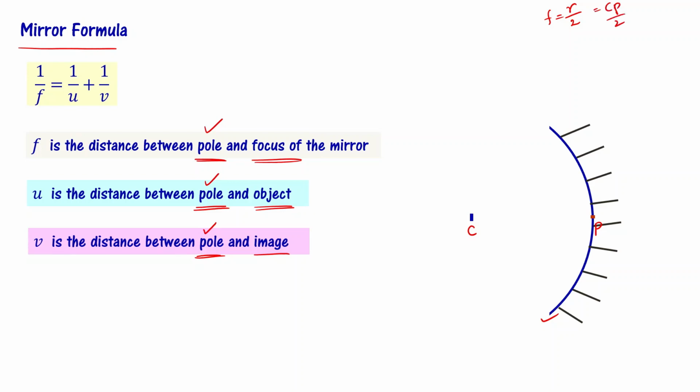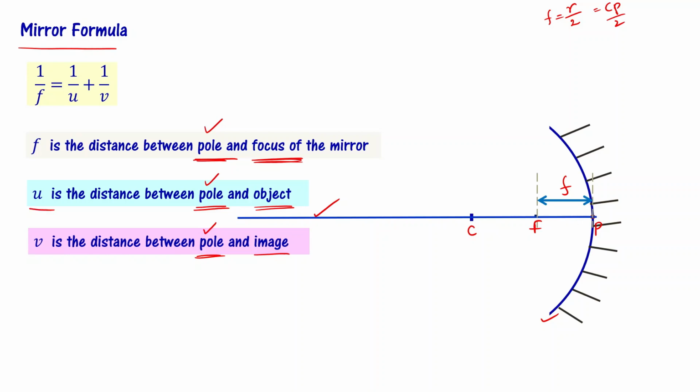CP is the radius, CP by 2 is the focal length, or that is where the focus of the mirror is, and that is denoted using capital F. Now if you connect all these points with a straight line, that straight line is called the principal axis of the concave mirror. Now f is the distance between pole and focus, right? So the distance between focus and pole is denoted using small f.